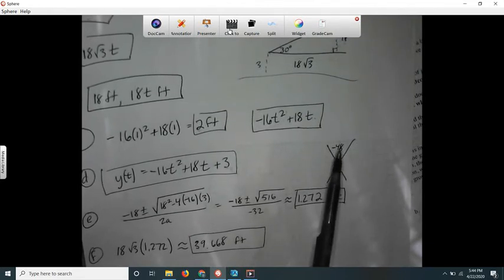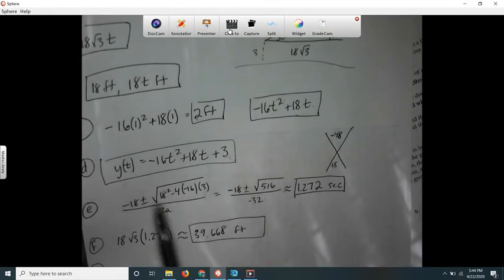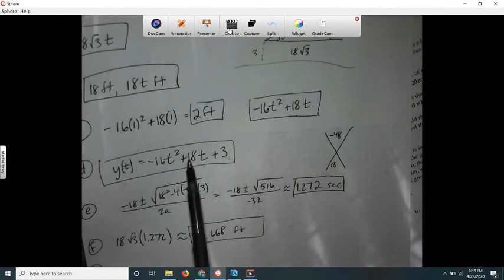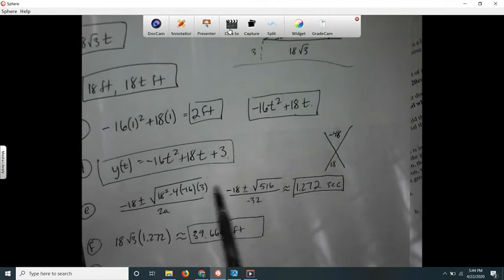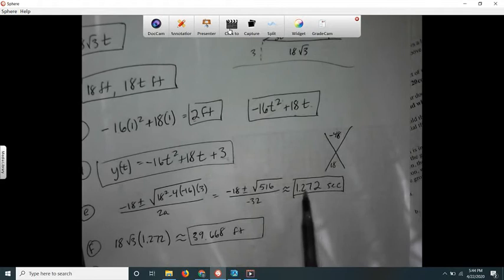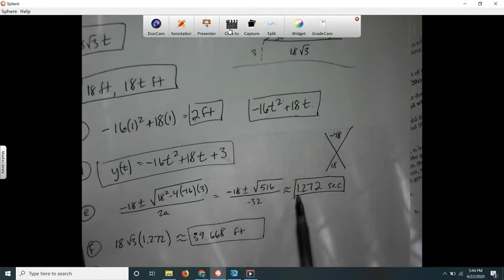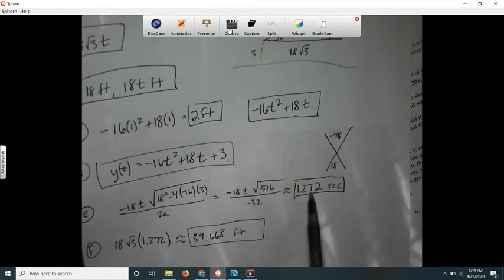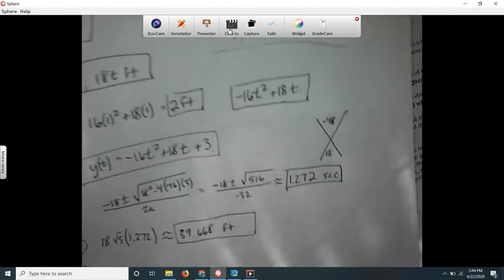So I went ahead and got the quadratic formula out. So there's a, b, and c, and I plugged it all in. And I found out that he'll be in the air for 1.272 seconds.